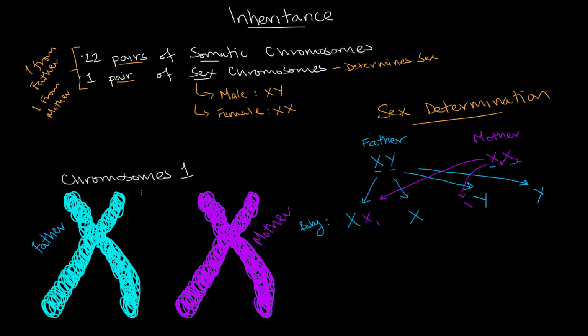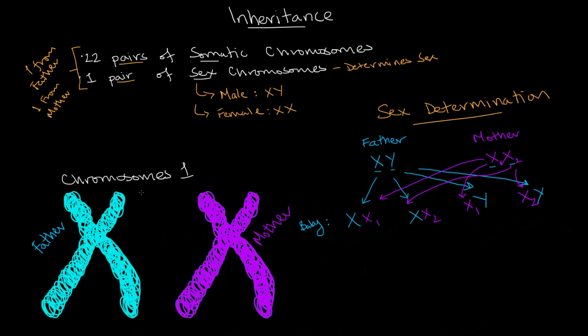She can also give X1 to the baby if the father gives a Y. Or the mother can give X2 to the baby. Or X2 to the baby if the father gives a Y. Okay, so the father can either give his X chromosome or his Y chromosome, and the mother can give either her first X chromosome or her second X chromosome.